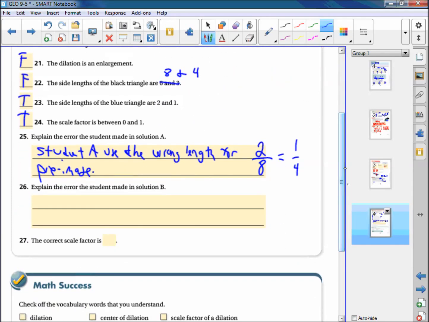Okay. Now explain the error the student made in solution B. Okay, so in solution B, the student didn't write the image length in the numerator. So let's write that down.